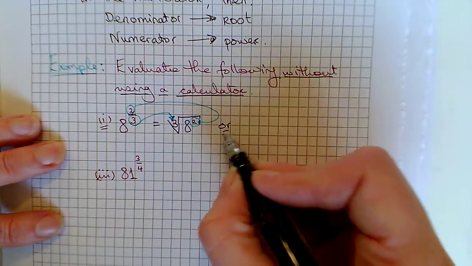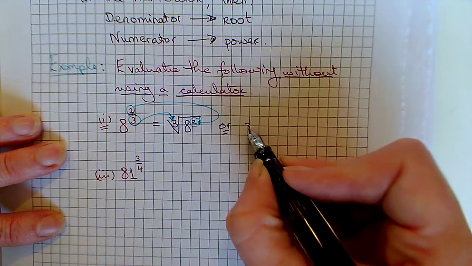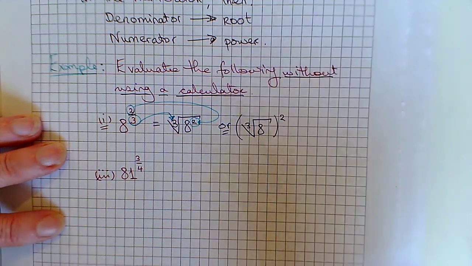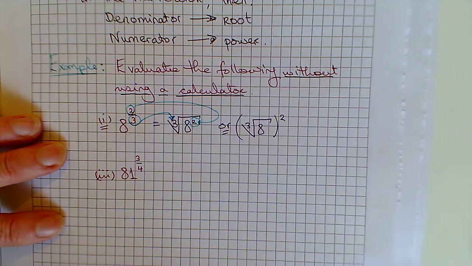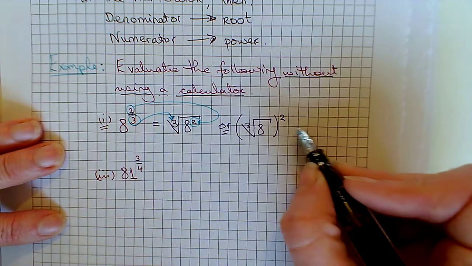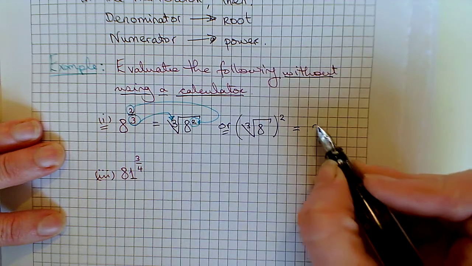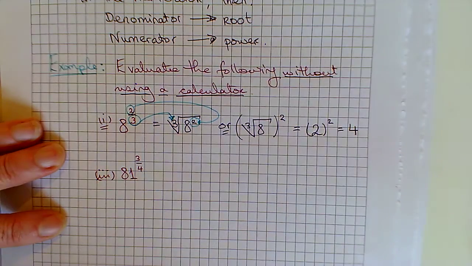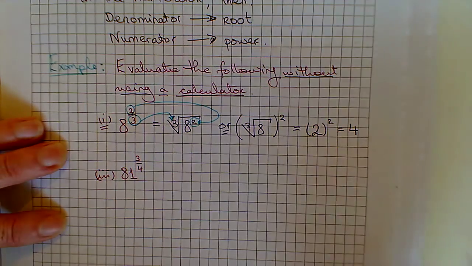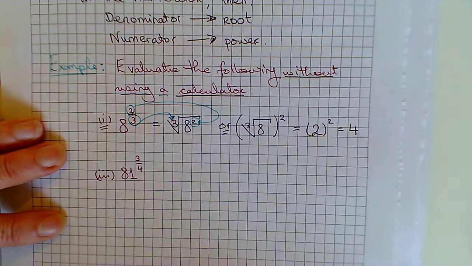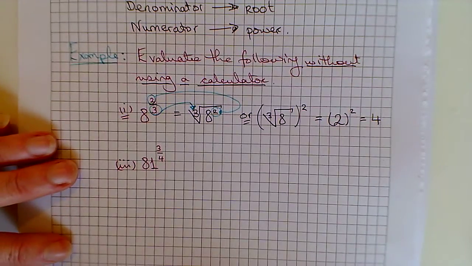Or I can write it as the cube root of 8 and then square my answer. So the cube root of 8, I would expect you to know at this point, it's 2 by 2 by 2. So the cube root of 8 is 2, and that's 2 squared, which is 4. So the purpose of this law is to make it easy to simplify powers like this, fraction powers.